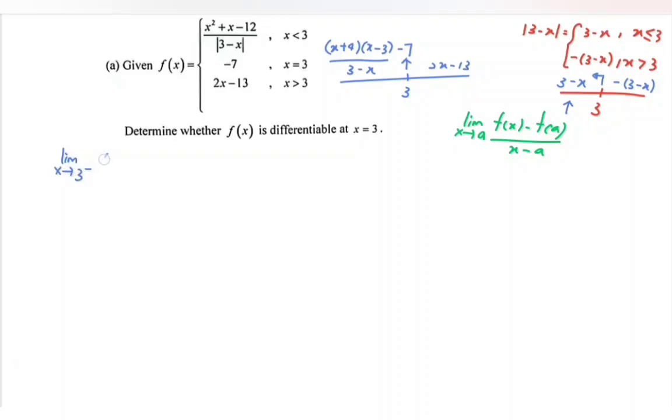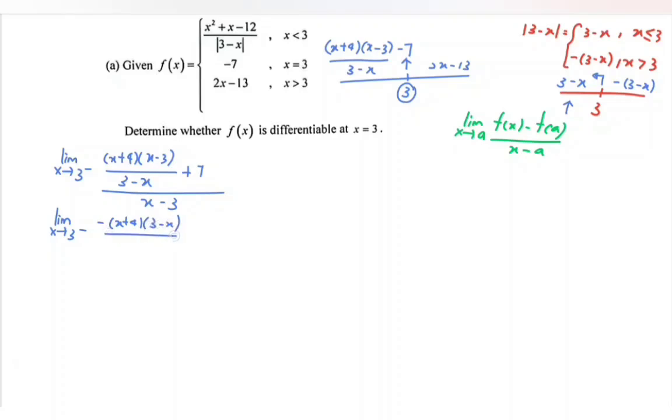Referring to the function, we have x plus 4 multiplied by x minus 3 over 3 minus x, so here we have f(x) minus f(a). Here f(3) is negative 7, so we have plus 7 over x minus 3. We write the situation as the limit as x approaches 3 from the left. If we factor out the negative, we have x plus 4 bracket, 3 minus x over 3 minus x, plus 7 over x minus 3.